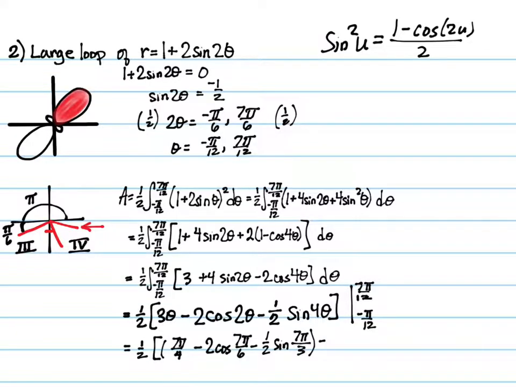And then we have minus, and I have a negative pi over 4, again because I'm using the negative pi over 12 times the 3, minus 2 cosine of negative pi over 6. Again, I'm reducing the angles as I go, and then minus 1/2 sine of negative pi over 3.